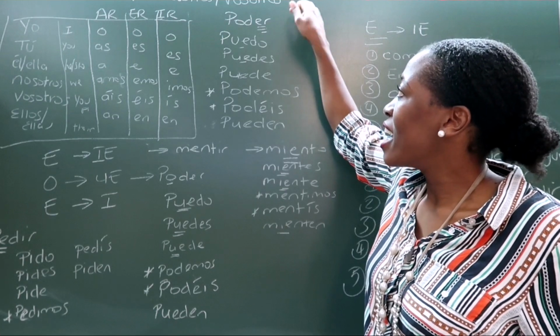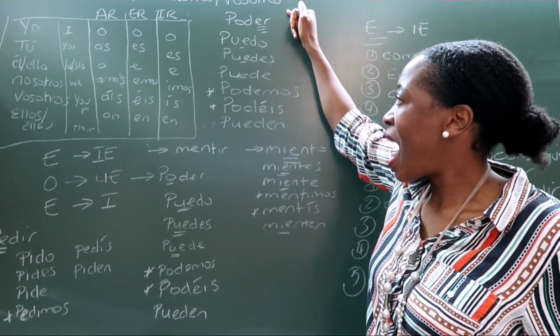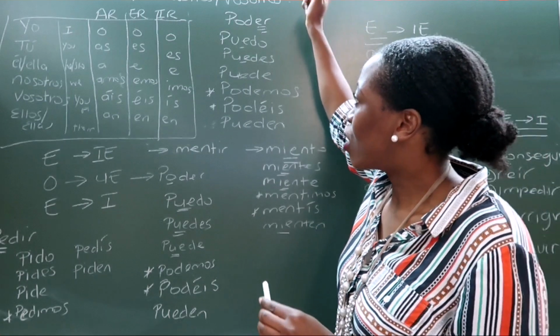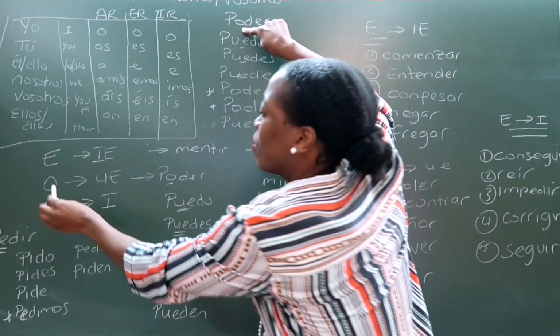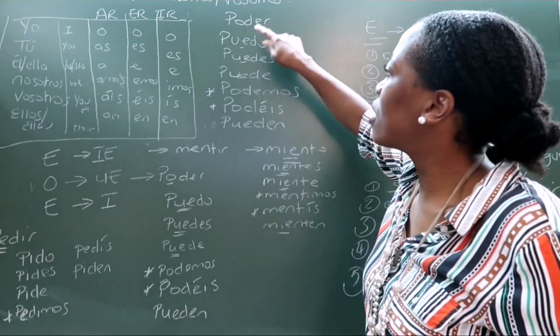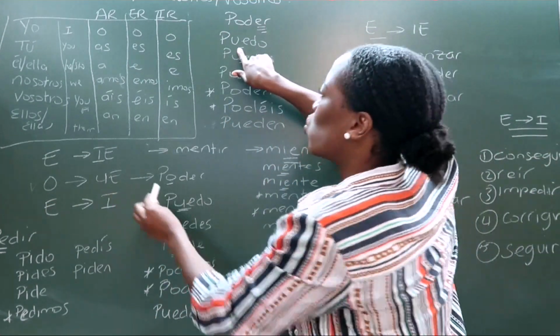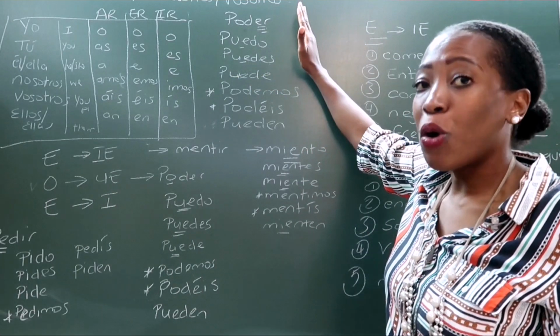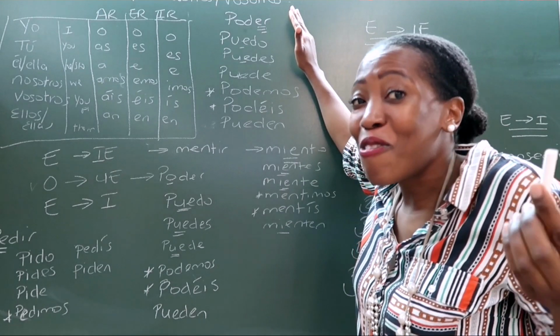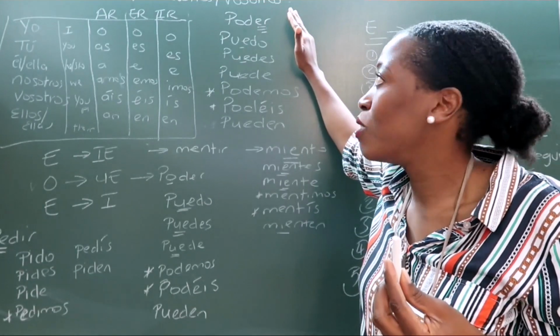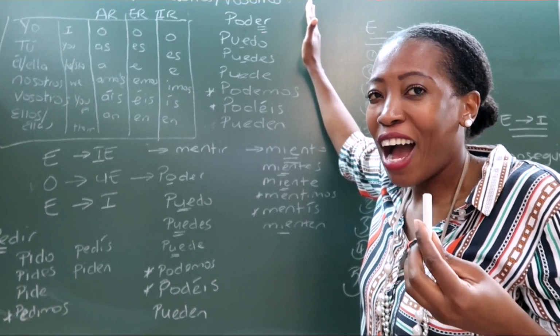So it's an ER verb, and it has an O, so it falls under this one. It changes to UE. So for poder, logically, if you didn't know that, the logical way would be to say podo, for I can.